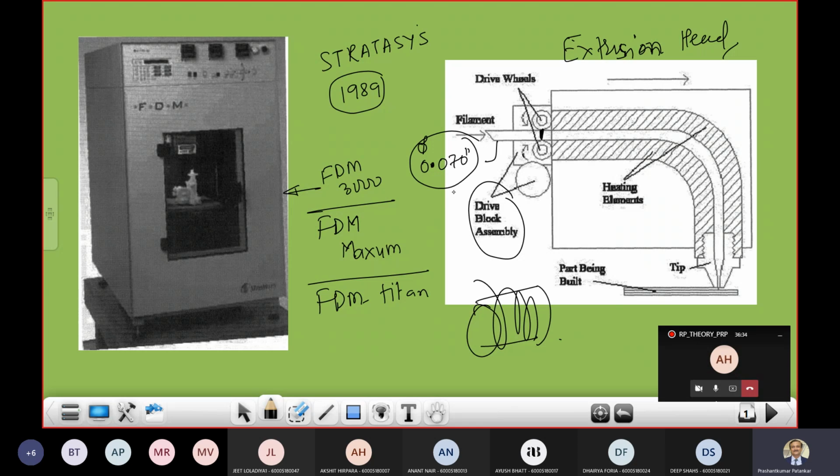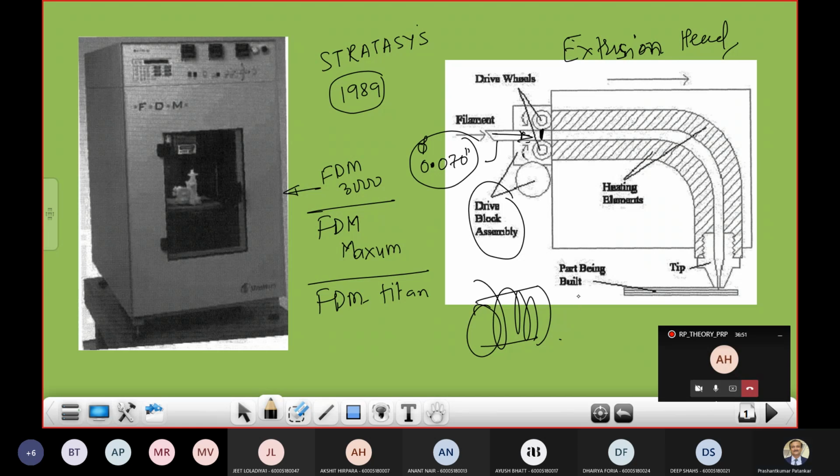When loading, the filament is pushed horizontally into the head through a hole a little larger than the filament diameter.